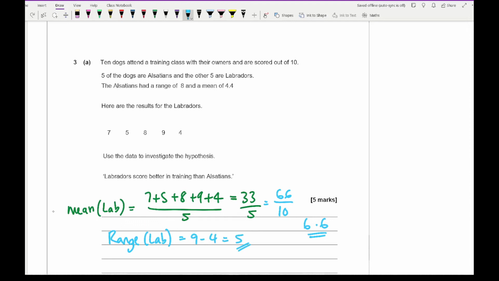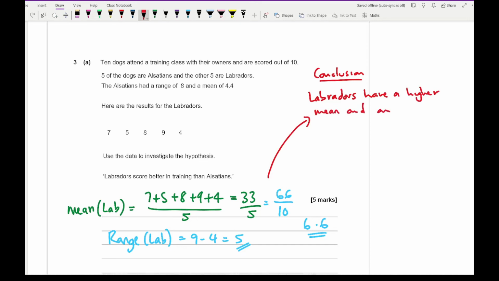And then from this, what I then need to do is to draw my conclusions. Now, your conclusions could be anything along these lines, but basically using these results, I would write conclusion: you can see that the Labradors have a higher mean and a smaller range.